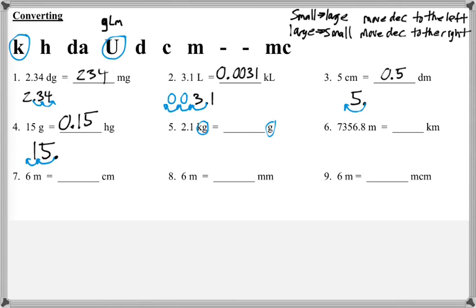So that is going 3 places to the right. So in those last 2 places, I need to add my own zeros. And that's going to be 2,100 grams.